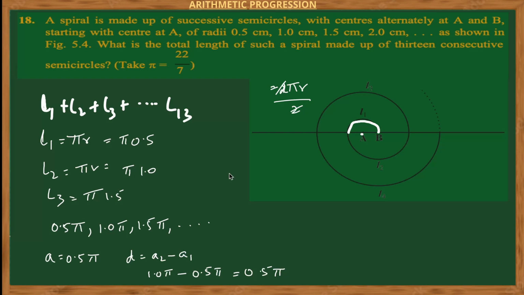So we got this, and we need to find the length till 13. So adding this, we'll get the length of the spiral. For that, we can use the formula Sn is equal to n by 2 into 2a plus n minus 1 into d.